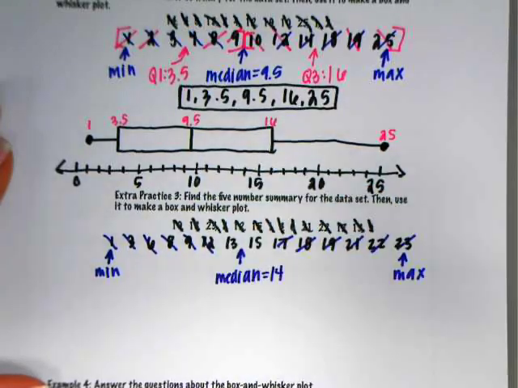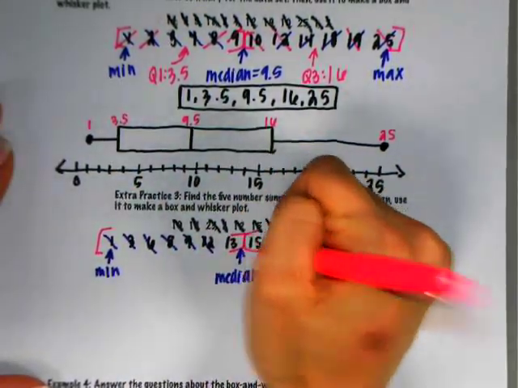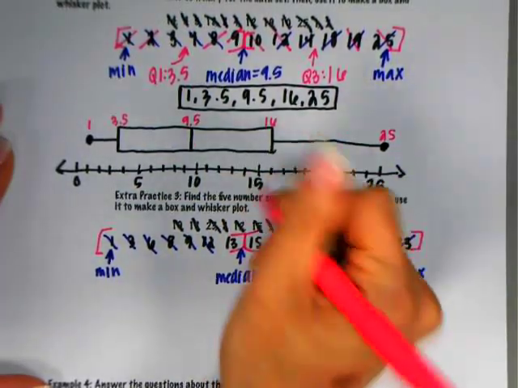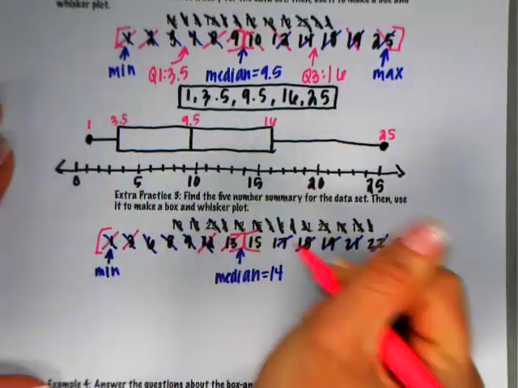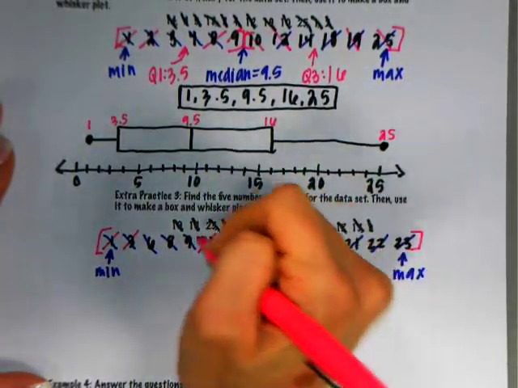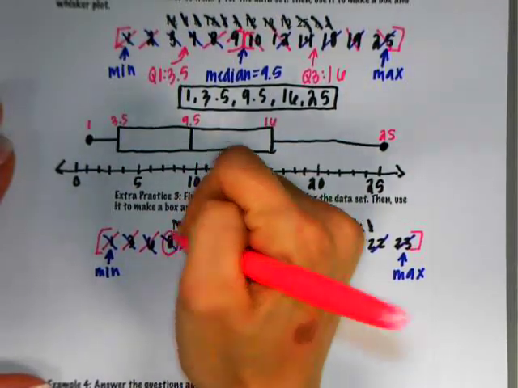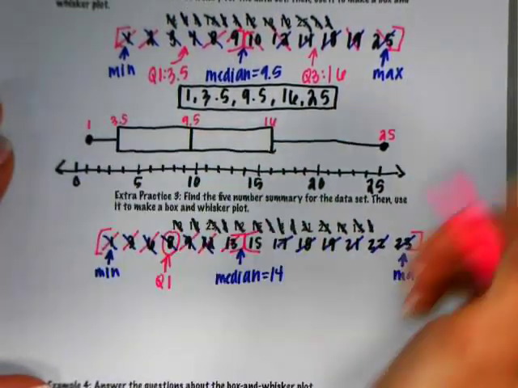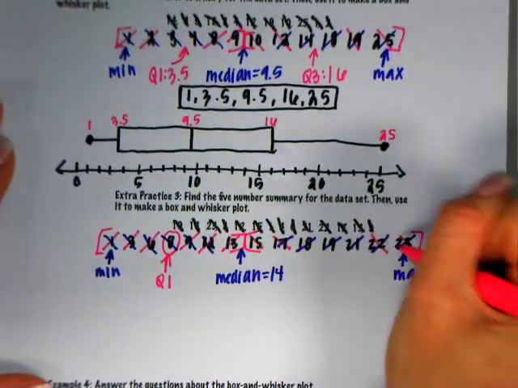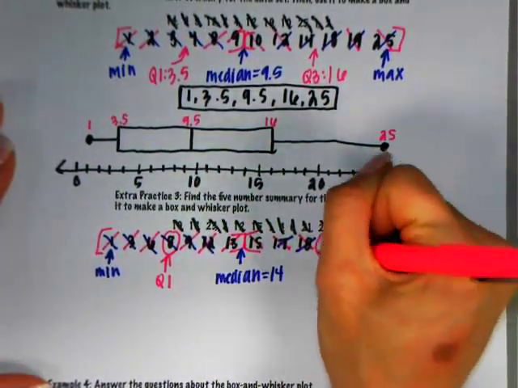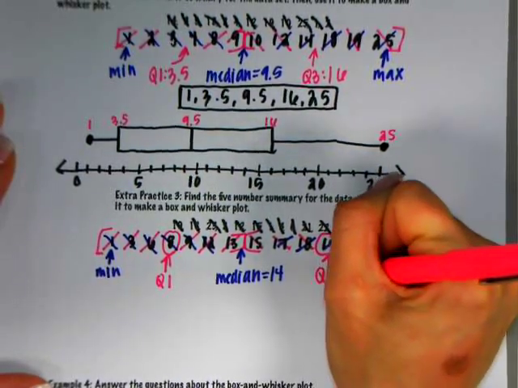Yep, 14. Okay, so you get 8 for your Q1. Okay, and then for Q3, you get 19. Q3.